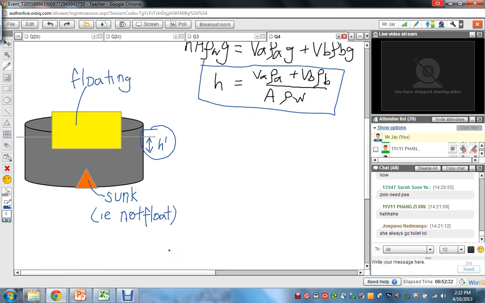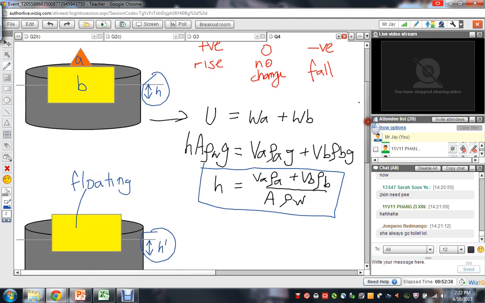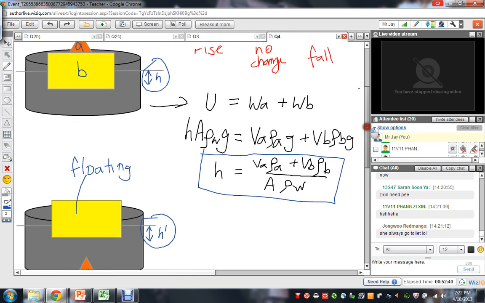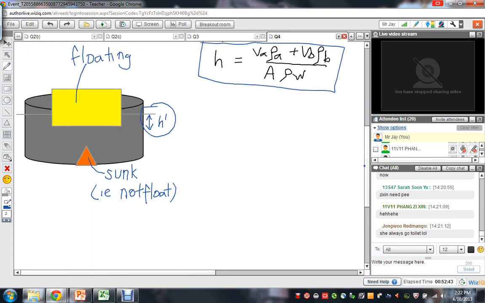If the anchor is not floating but the boat is floating, we can't treat them in one equation like we did earlier, where upthrust is equal to the weight of the anchor plus the weight of the boat. Now we have to treat them separately.